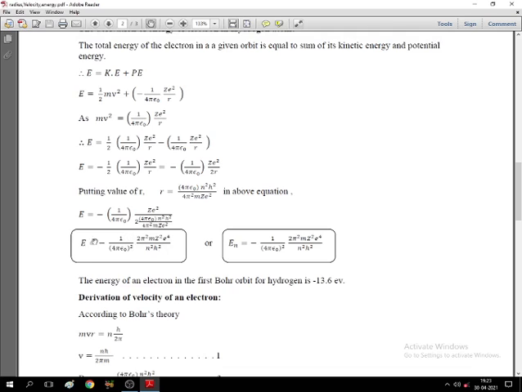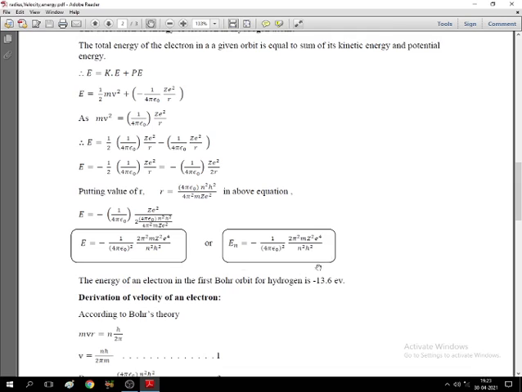Now this is the equation of energy of an electron in the Bohr's orbit. Here we consider the electron is moving in the first Bohr's orbit, that's why it is energy of an electron in the first Bohr's orbit. In general it is given as En is equal to minus 1 upon 4 pi epsilon 0 square 2 pi square m z square e raised to power 4 divided by n square h square.